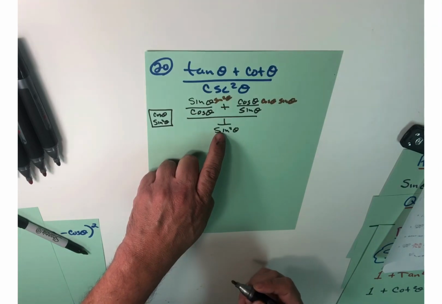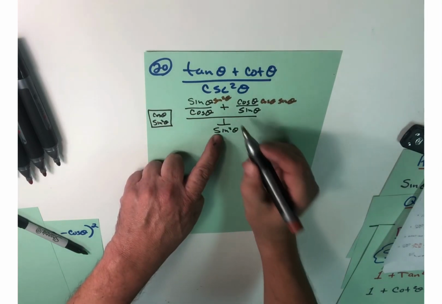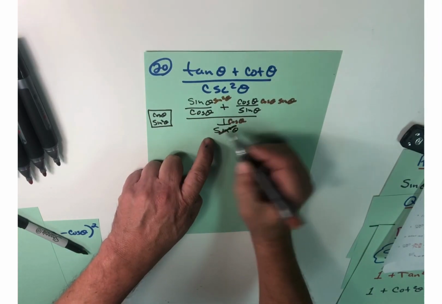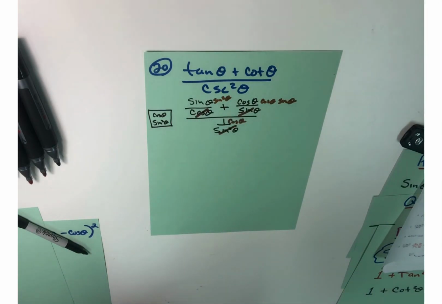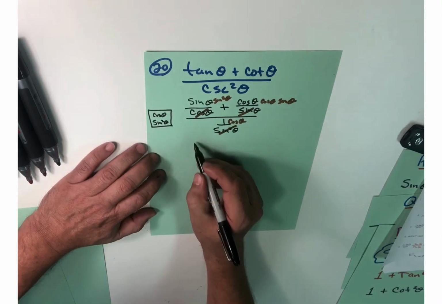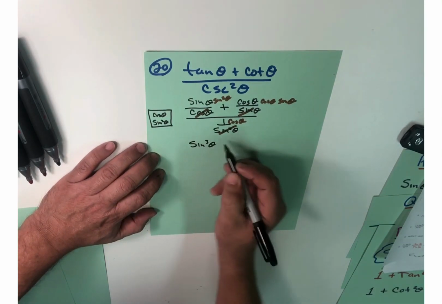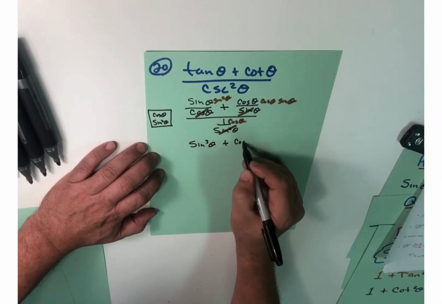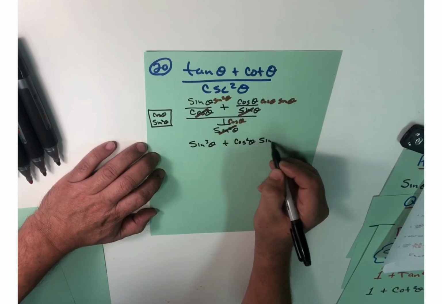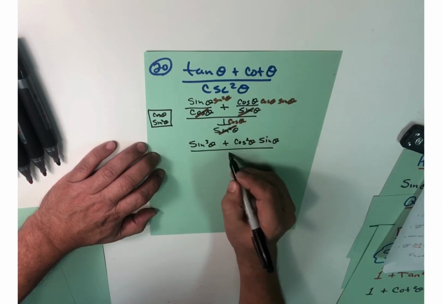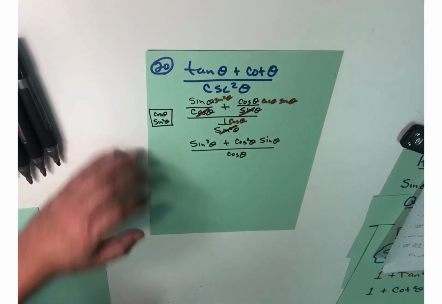This last one down below has a sine squared of theta, so it's just missing the cosine of theta. So when I cancel all of my denominators, what do I have left? Well, it looks like I have sine cubed of theta plus cosine squared theta sine of theta all over the cosine of theta.